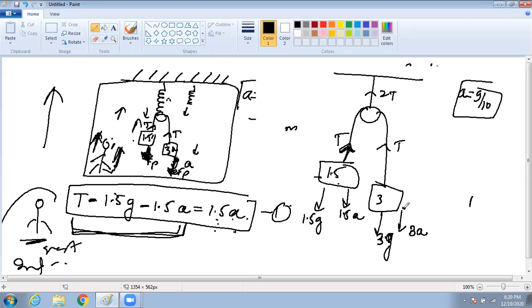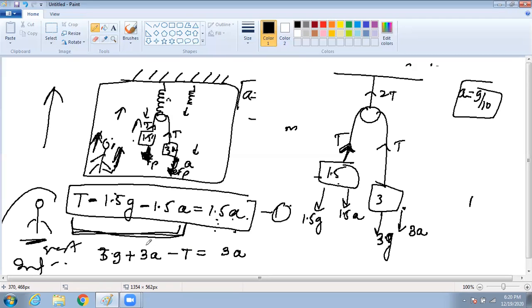Now for this equation, it is downwards, correct? Yes or no? That means 3g plus 3a minus T equal to, downward, right, 3a. Correct?